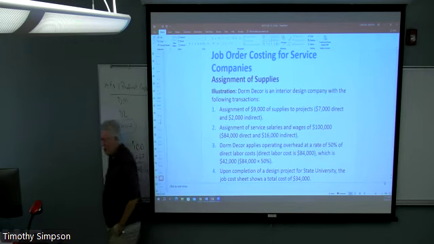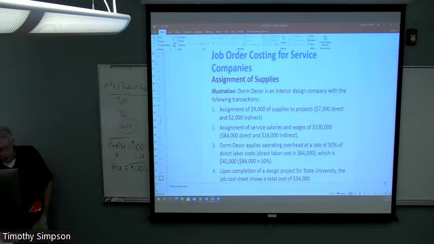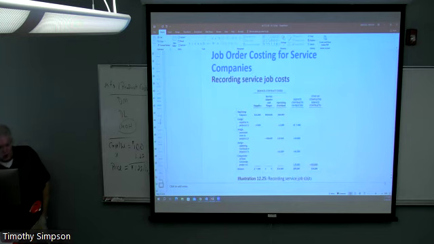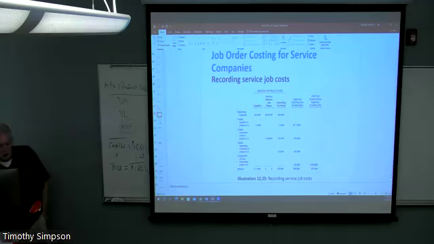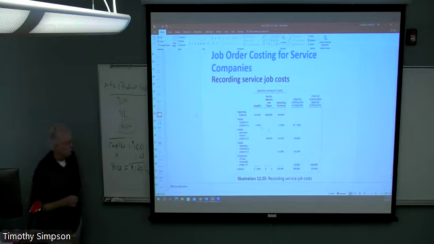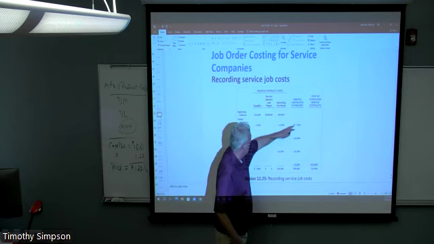Okay. So what does that look like at the end of the day? We have to flip back and forth a little bit just to see what's going on. We had supplies, 7,000 direct and 2,000 indirect. We started out with supplies; these balances are just given. $9,000 total, 7,000 of which is direct.